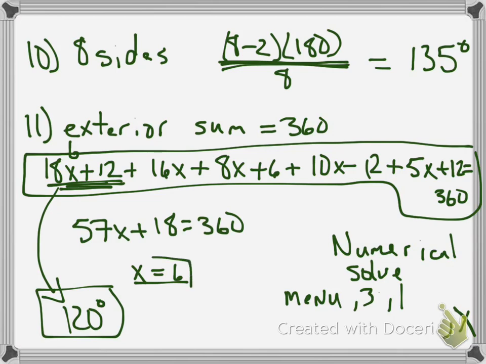Press enter, and it will tell you x equals 6. But even then, you still need to put that back in and say 18 times 6 plus 12. Okay, let's keep going.